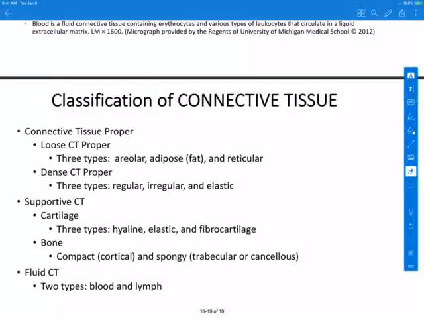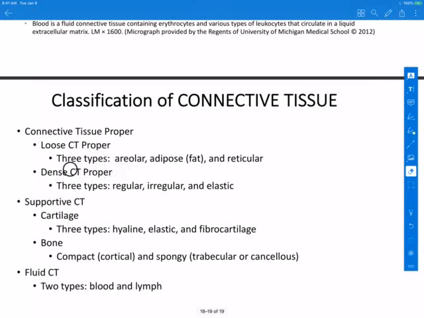Okay, so I'm about done here, but I just wanted to, again, highlight the three basic classes of connective tissue: connective tissue proper, supportive connective tissue, and fluid connective tissue. There were two major types of connective tissue proper: loose, which is loosely arranged and includes areolar, adipose, and reticular.